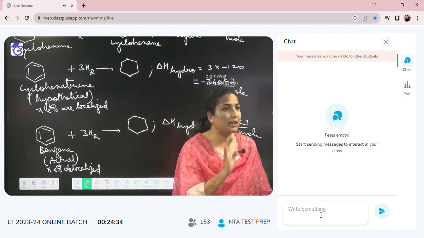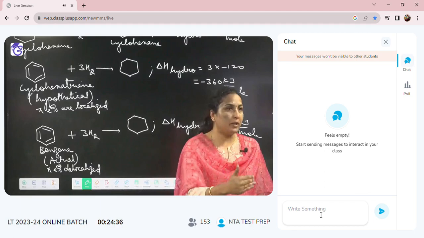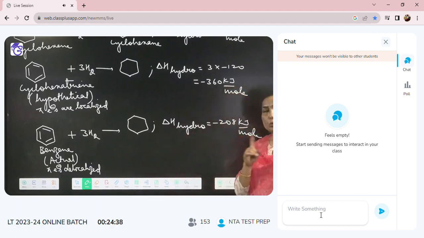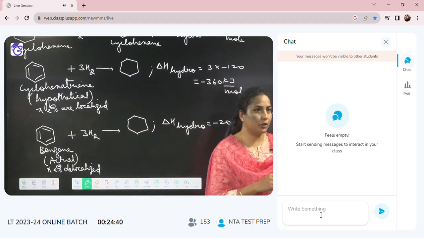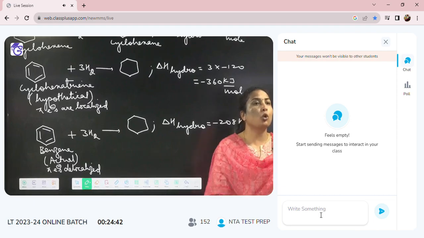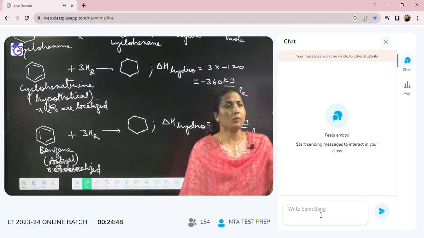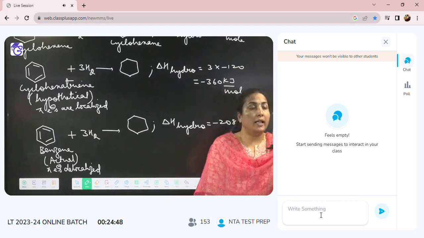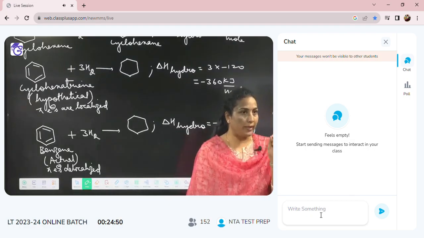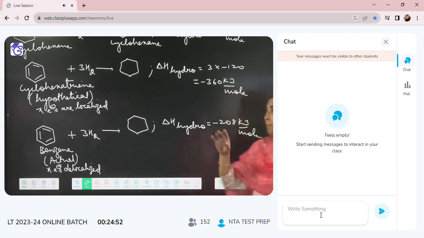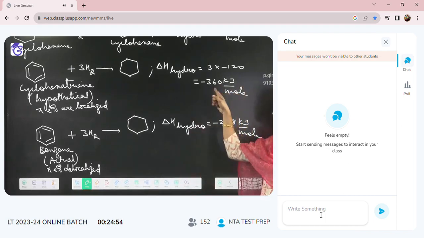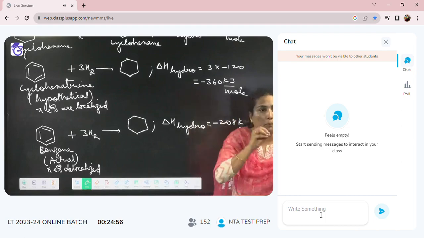But in reality, what was found when they experimented? It is liberating only 208 kilojoule of energy. That means, do you know one fact, that whichever compound is more stable, on hydrogenation it releases a smaller amount of energy, right? So it implies that ideally benzene should have released 360, but now how much is it releasing?